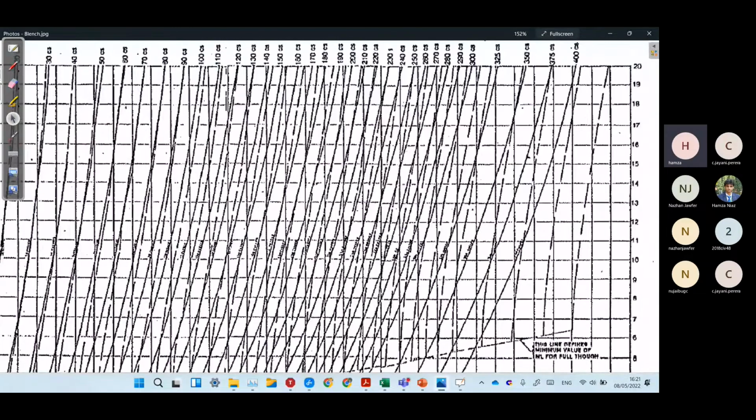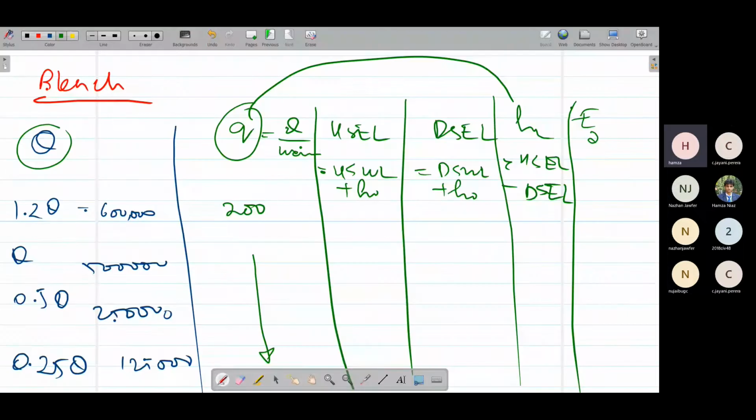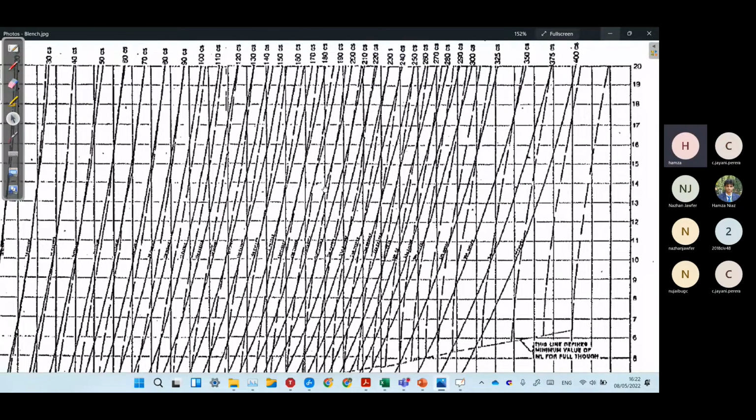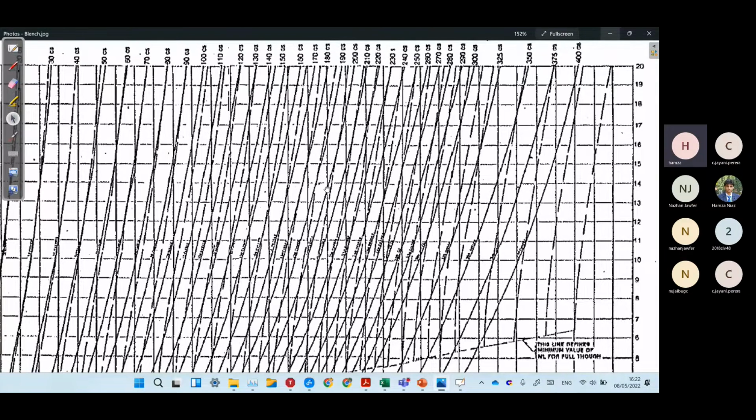So for example, we have small q as 200 CFS, and suppose we have an HL of 17 feet. We have to use this 200 CFS curve, move downwards until we reach 17 feet.